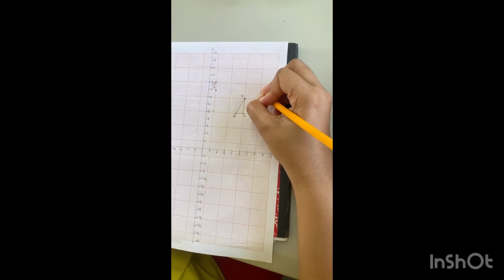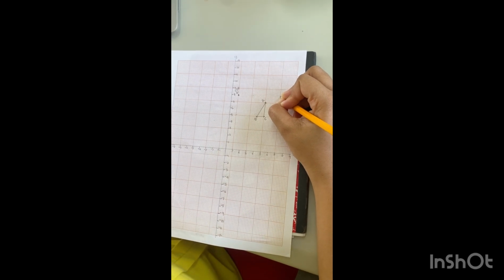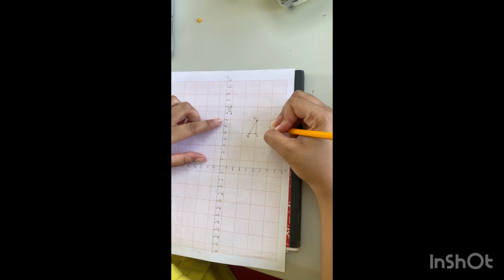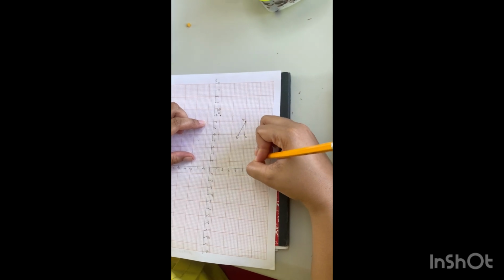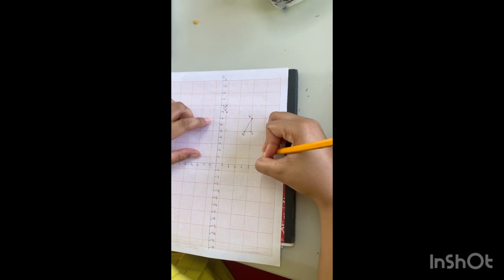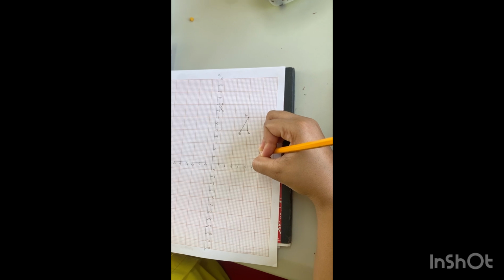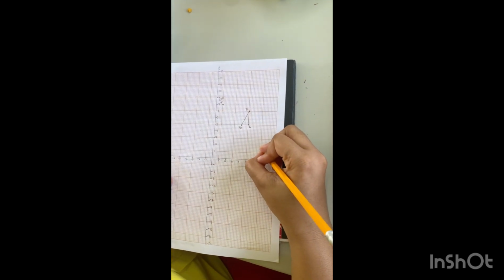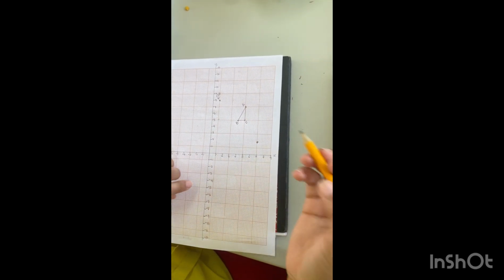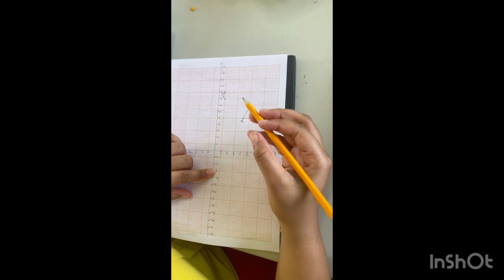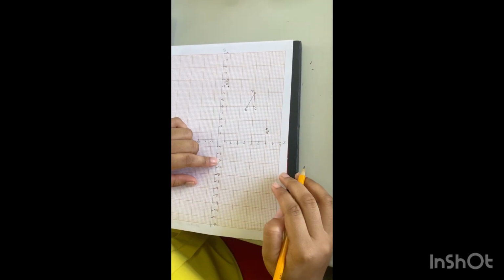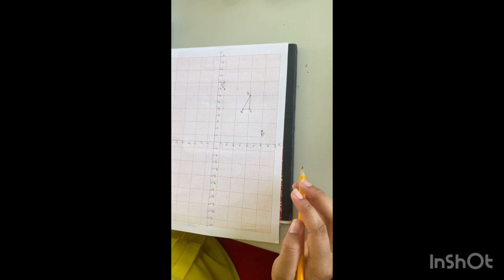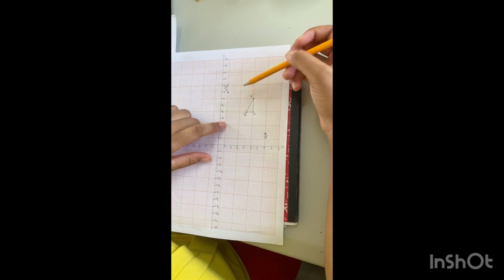And 1, 2, 3, 4, 5, 6. So if you notice, I went in the same direction as I did when I was identifying the points, and you would label this B prime because it would have been the image.